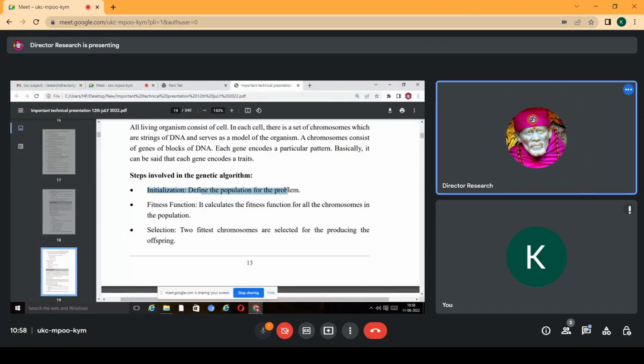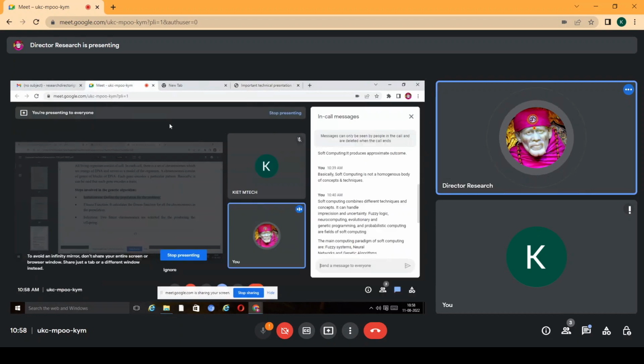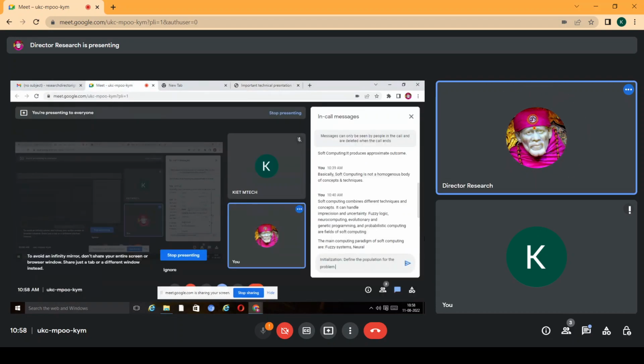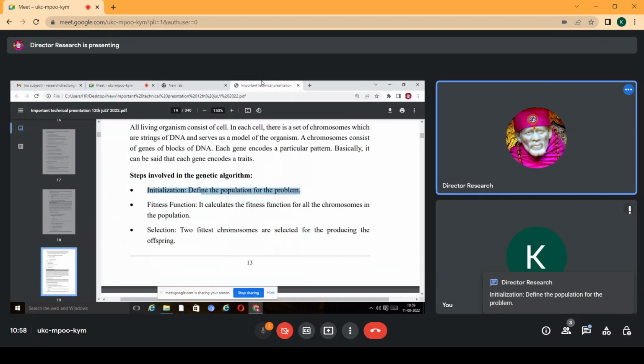Initialization is the first step in the genetic algorithm. The next step is the fitness function.